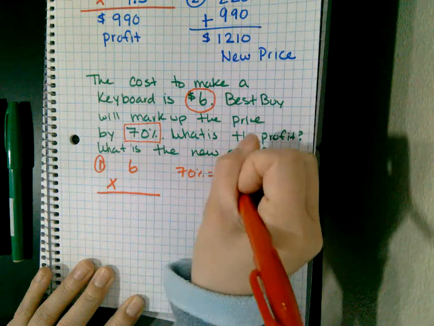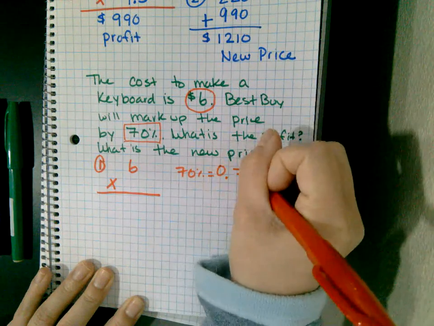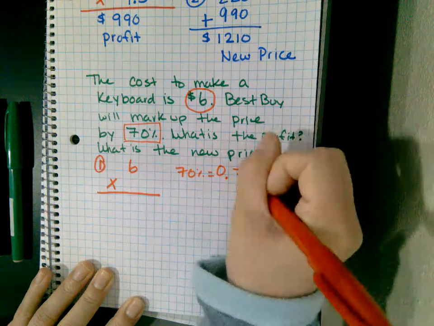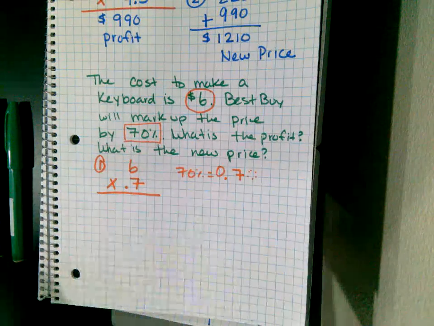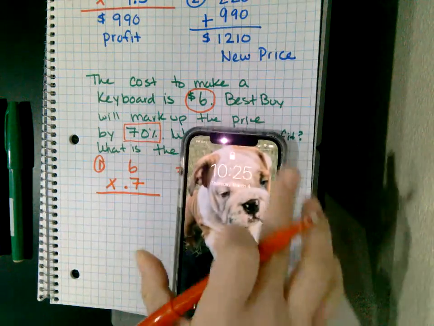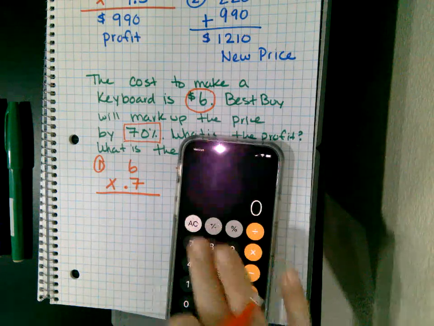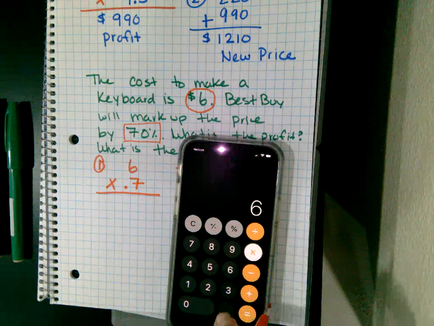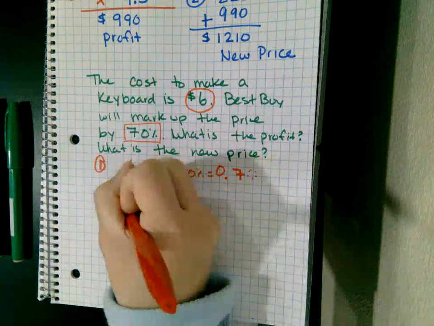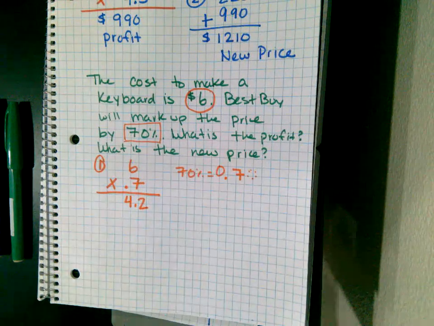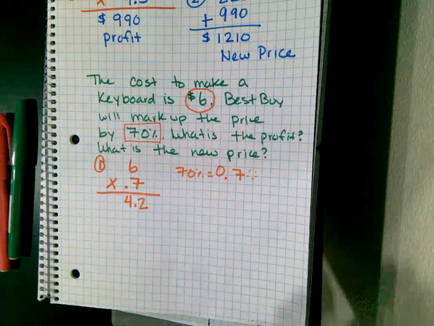It is 0.7 or 0.70 with another 0 over here. That's cool. All of them work. So I'm going to take my calculator, plug that in. 6 times 0.7, 4.2. All right. This is called my profit.